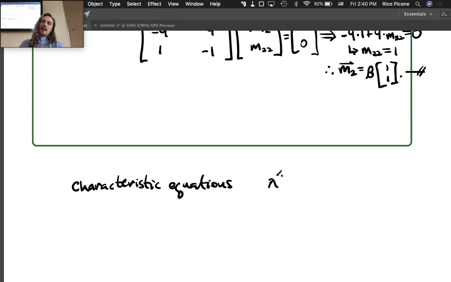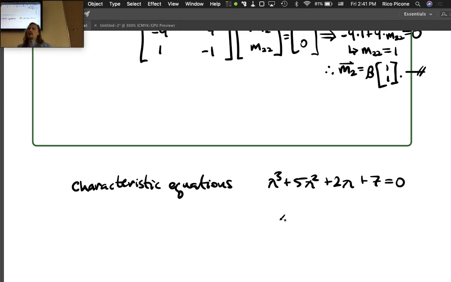We had lambda cubed plus 5 lambda squared plus 2 lambda plus 7 equals 0. This was part of the solution technique that we developed for input-output ODEs, right? And the roots of this were sometimes complex. Is that because when we solve for it, we get a root of a negative number?